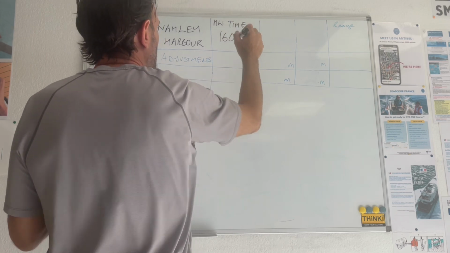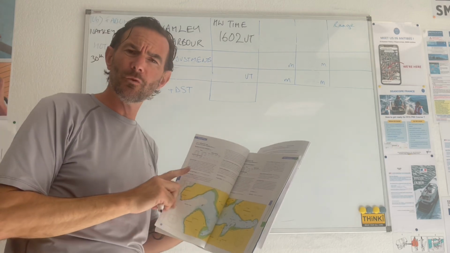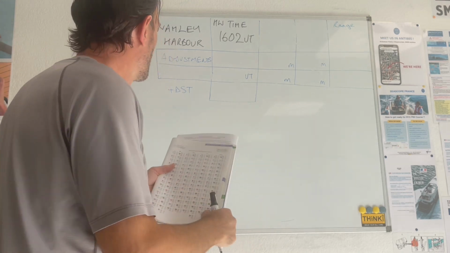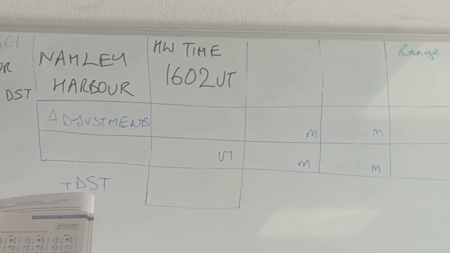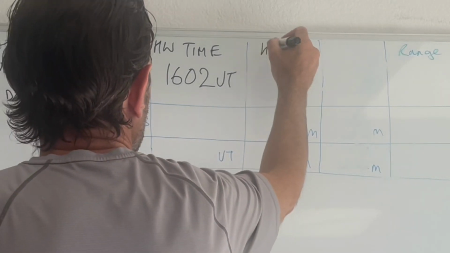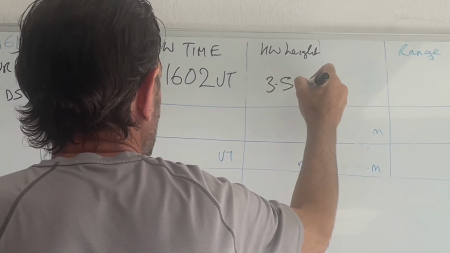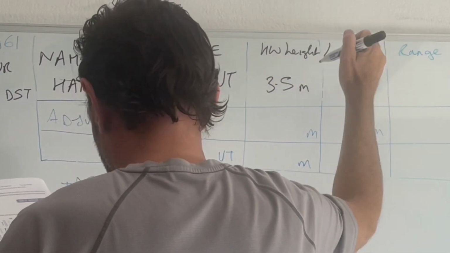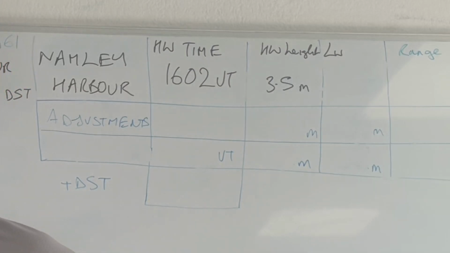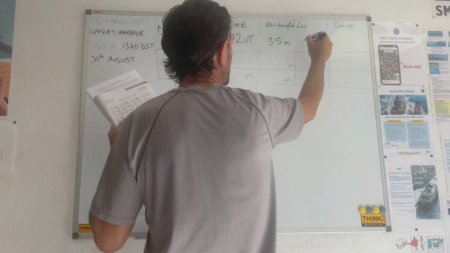For the time being, because the adjustments tables for the secondary ports are only going to work in winter time. High water height 3.5 metres. Low water height, and it's the preceding low water, so that's 1 metre. Just glancing at that tells us which window to look at.